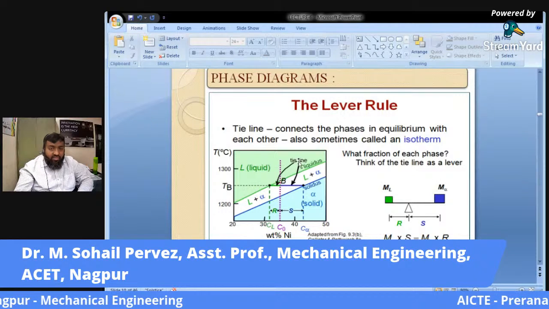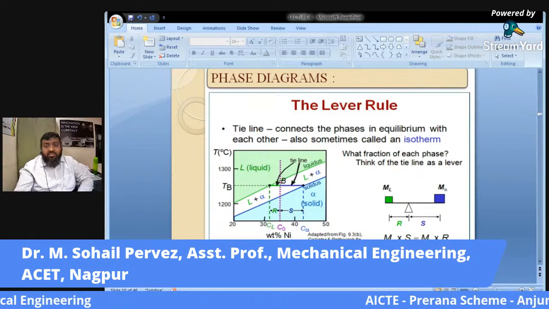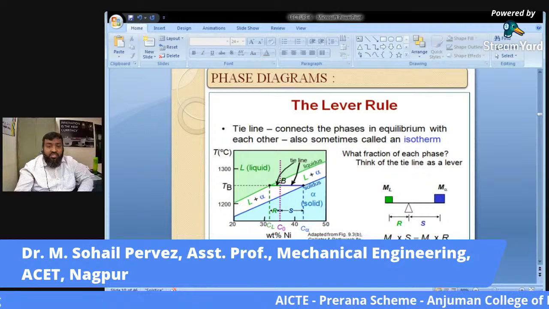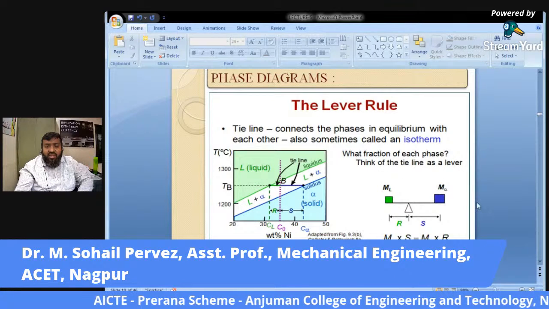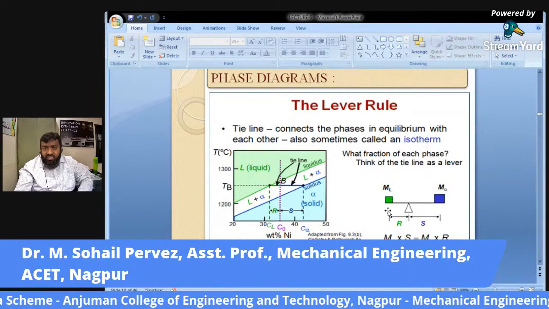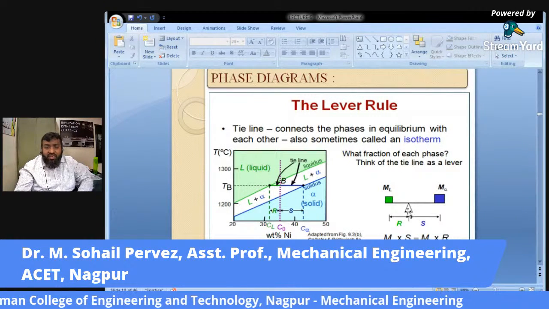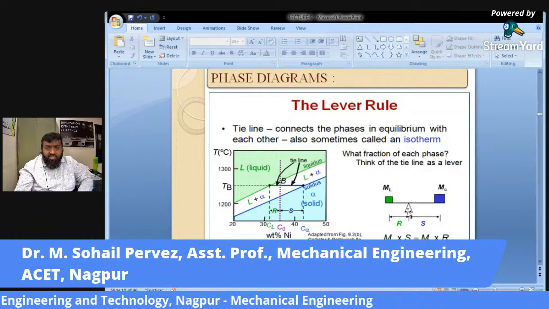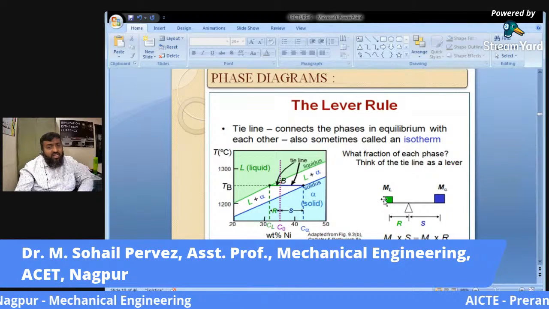So we have represented this in terms of mass fraction. So this is the basic formula wherein we are using tie line and we are using it as a lever diagram. That's why it is a lever rule, wherein a fulcrum is there, and this is the mass of solid, and this is the mass fraction in liquid.